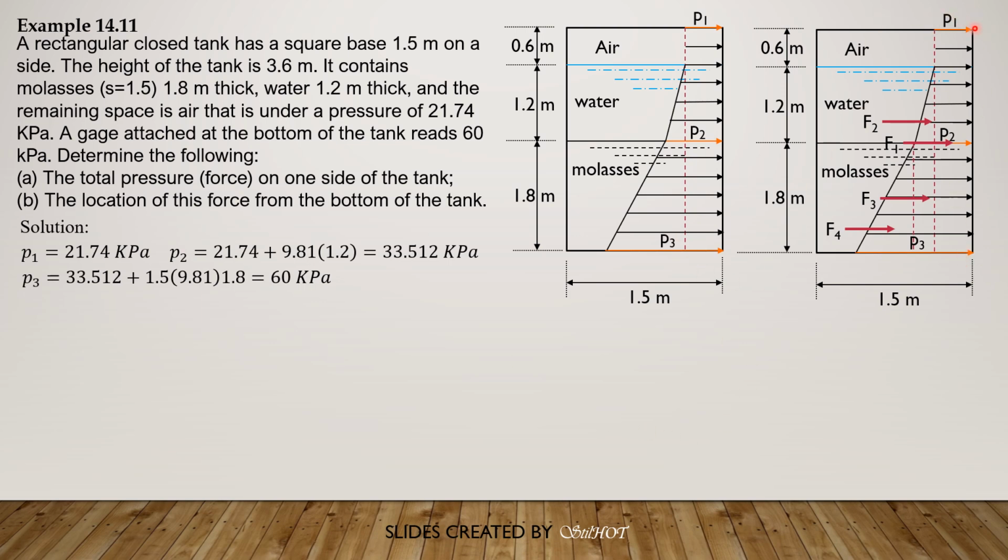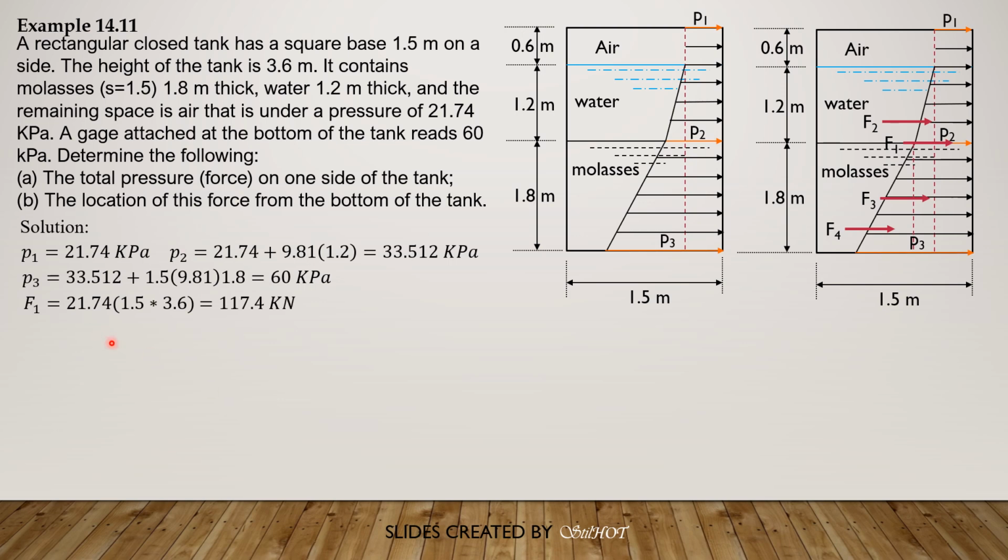Let's now solve F1 as the volume of this rectangular parallelepiped. It is P1 times height 3.6 times perpendicular to the board 1.5. So base 21.74, 1.5 perpendicular to the board, times height 3.6, or pressure times the area where that pressure is acting.